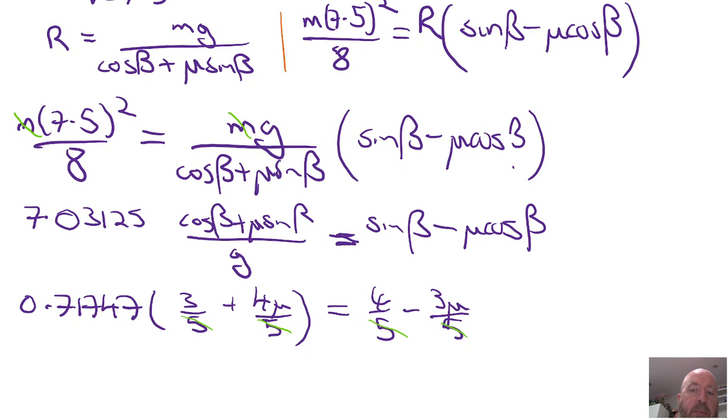And what that then gives us is this 0.717 by 3 gives us 2.152 plus 2.87 mu equals 4 minus 3 mu.